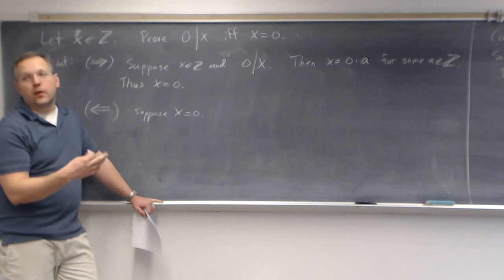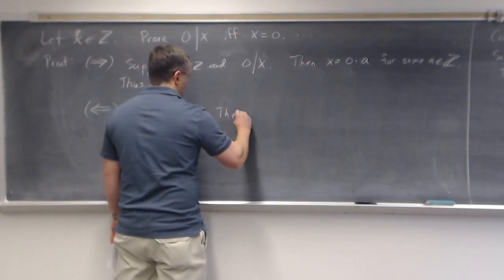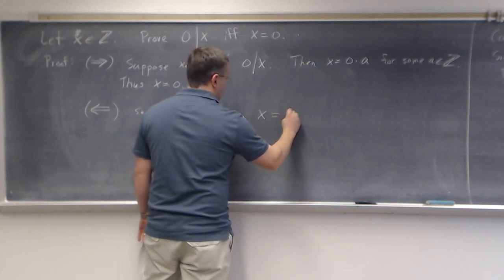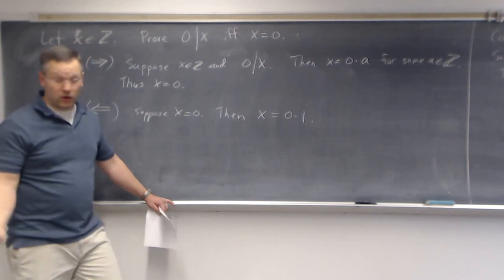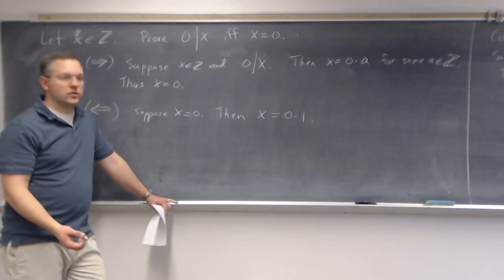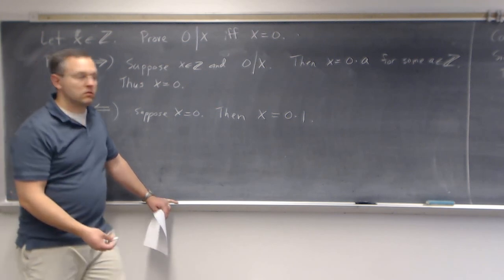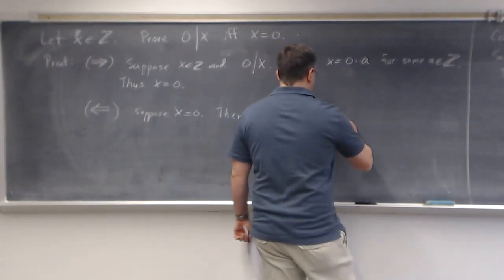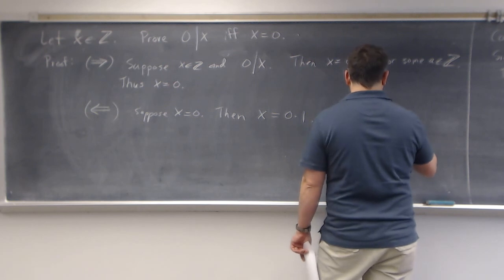Take your pick. You can use any integer, but typically you use the smallest example that would work. If x equals 0, doesn't x equal 0 times 1? Therefore, 0 divides x.